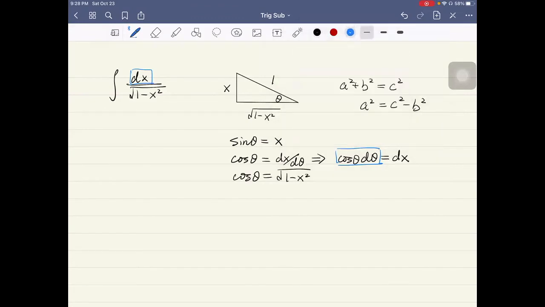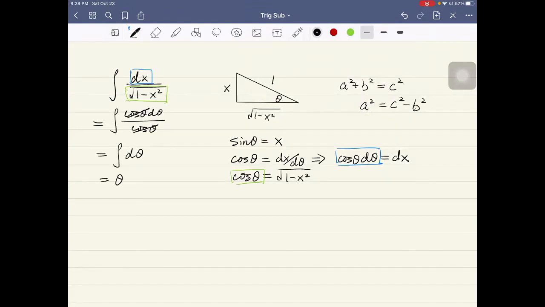So we can just use cosine theta as square root of 1 minus x squared. So this integral becomes integral of cosine theta d theta divided by cosine theta, which is equal to the integral of d theta, right? Because cosine theta and cosine theta can cancel out, which is equal to theta.